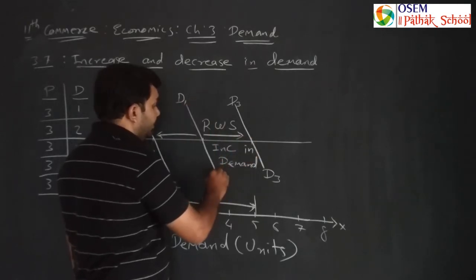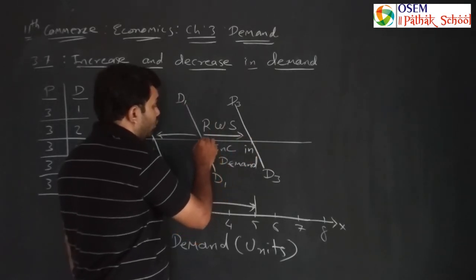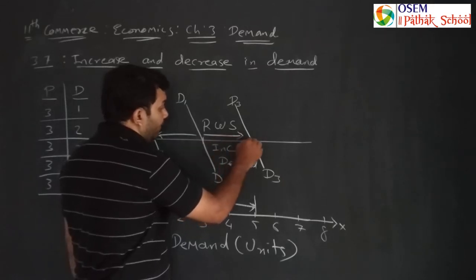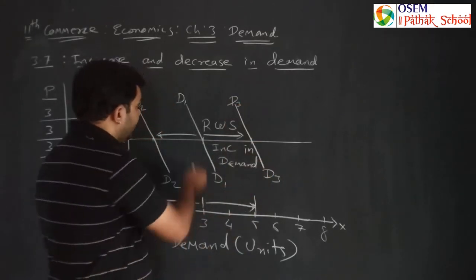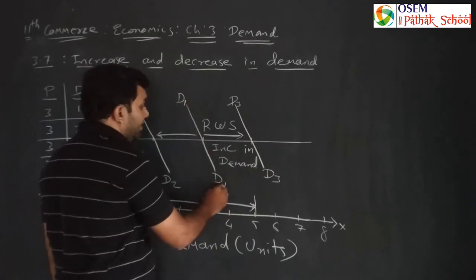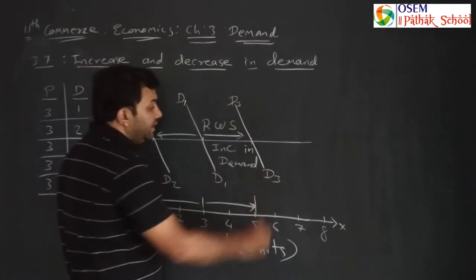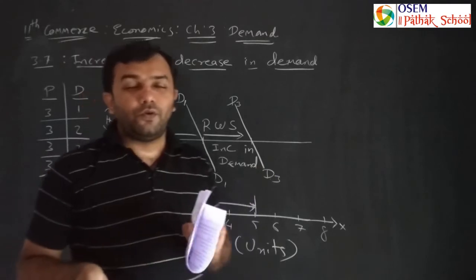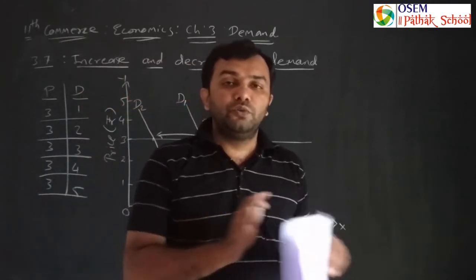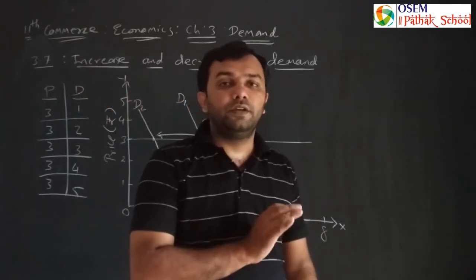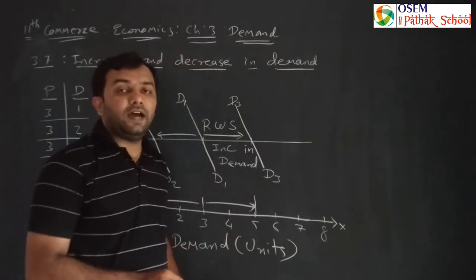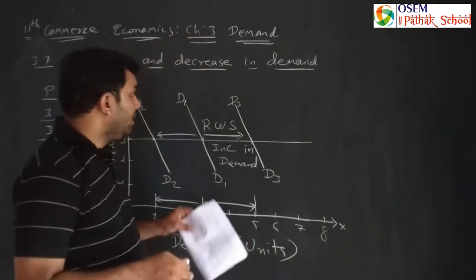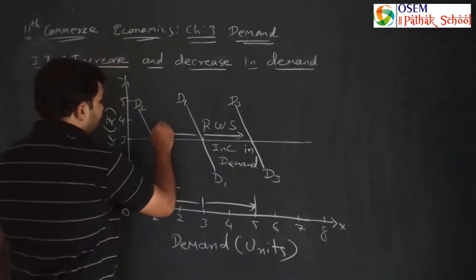The whole demand curve changes its place from this particular point to a rightward shift, and a new demand curve will be formed. As you can see here, we have the D1 demand curve and here we have the D3 demand curve. So a new demand curve will be formed when price remains constant and other factors are variable. And the opposite will be the case.